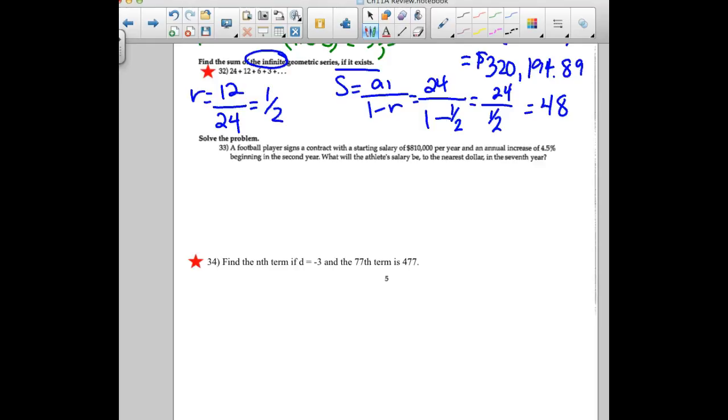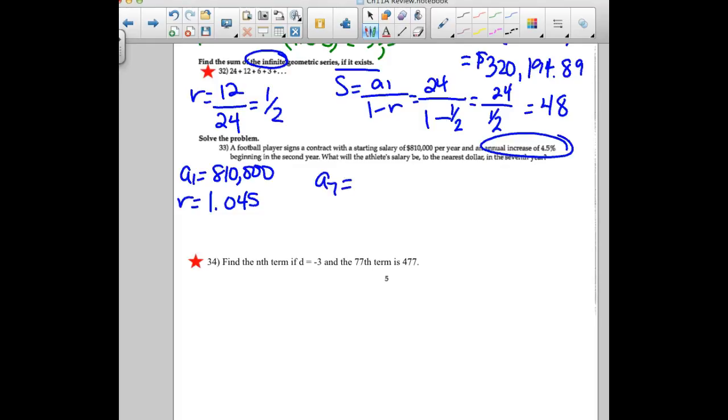So we're not summing anything, we're just trying to find the 7th term. We know our first term is 810,000. It is geometric because we are increasing by a fixed percent. Our R value, remember, is always 1 plus the percent, so 1.045, and we are looking for the 7th term.